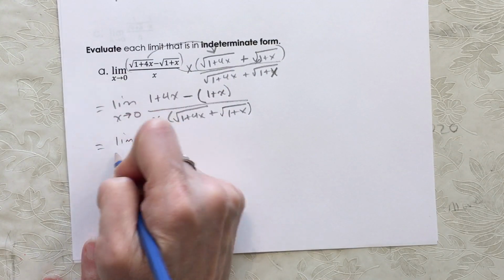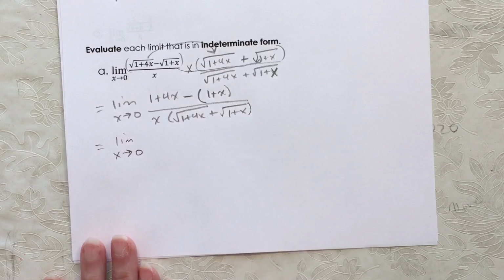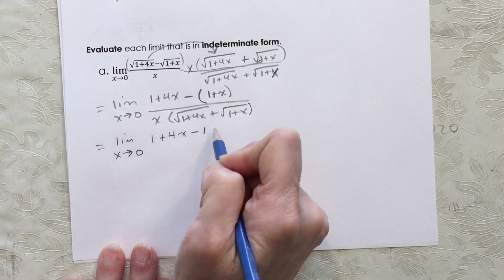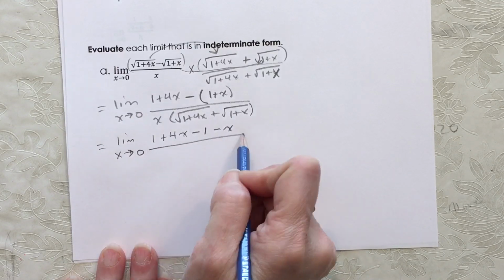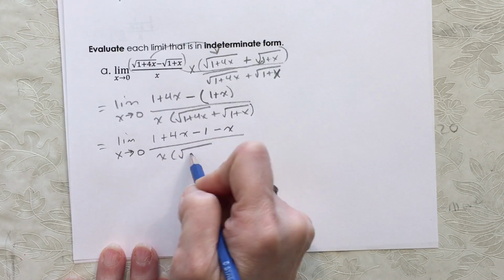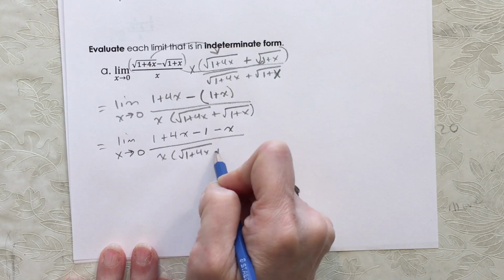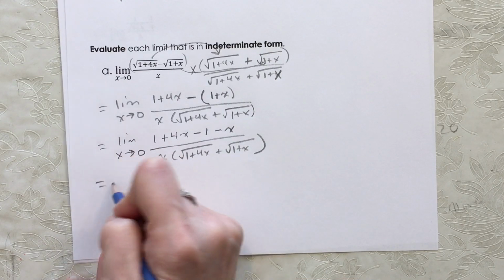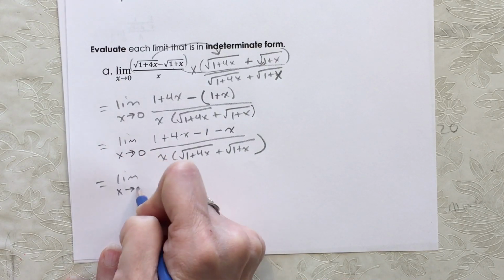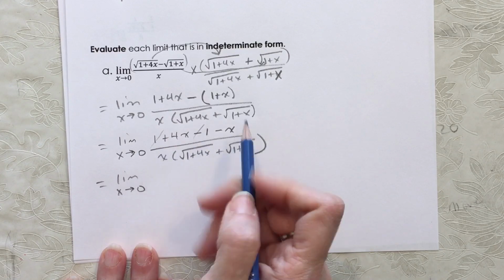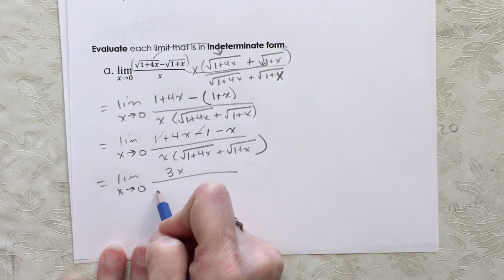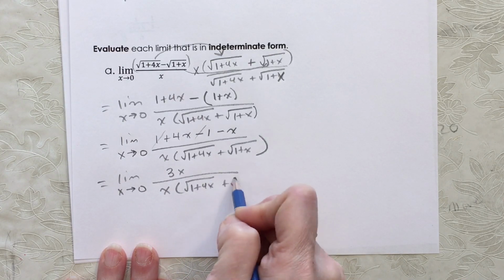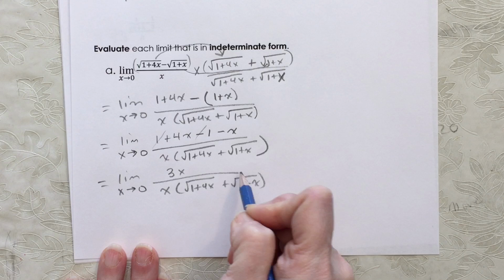Okay, so then that's going to be the limit as x approaches 0 of 1 plus 4x minus 1 minus x over x times the root of 1 plus 4x plus the root of 1 plus x, which is going to be the limit as x approaches 0 of, so 1 minus 1, 3x over x times the root of 1 plus 4x plus the root of 1 plus x.